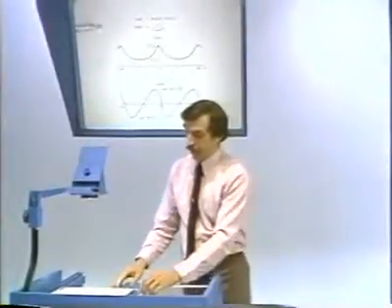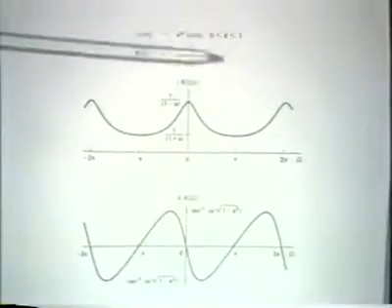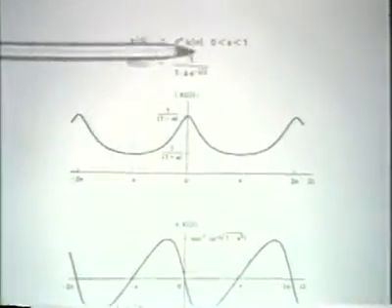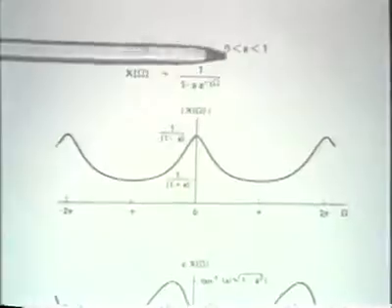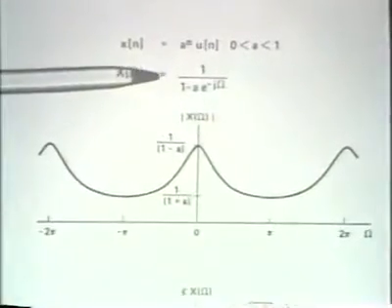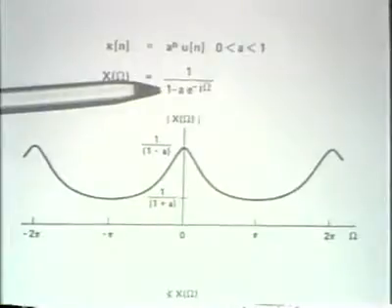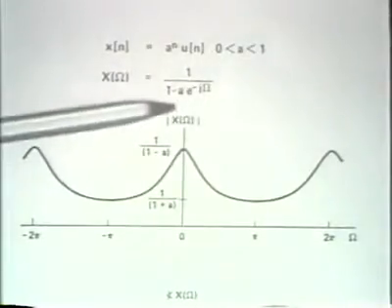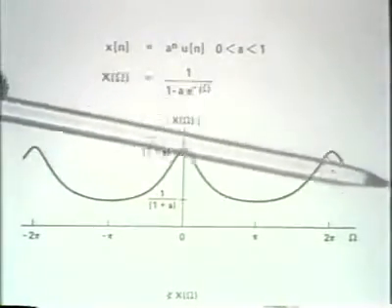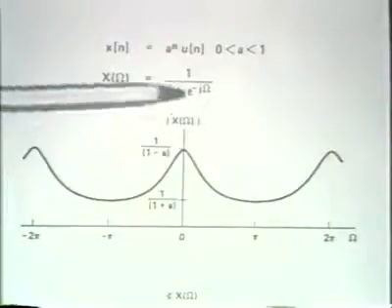Here, then, we have, again, the expression in the time domain and the expression in the frequency domain. Let's in particular focus on what the magnitude of the Fourier transform looks like. It's as we show here.